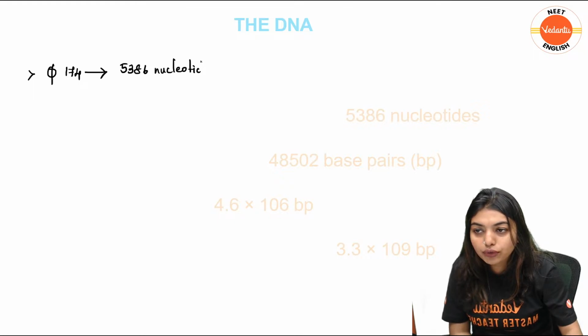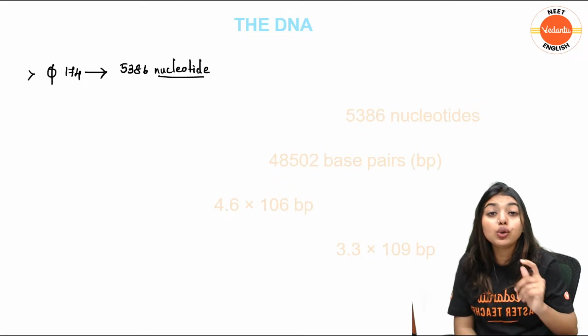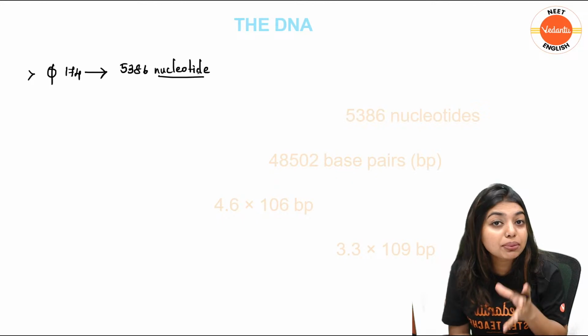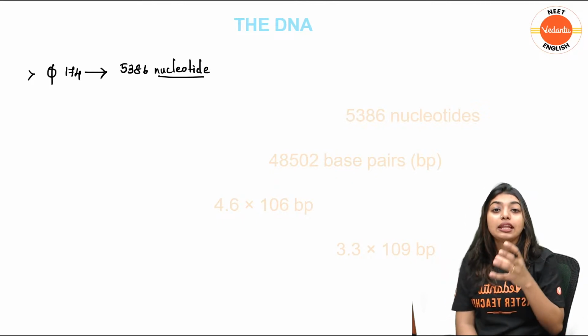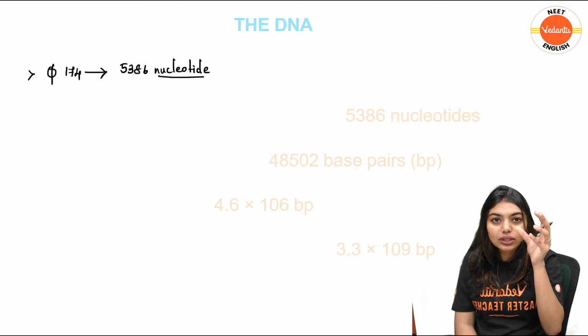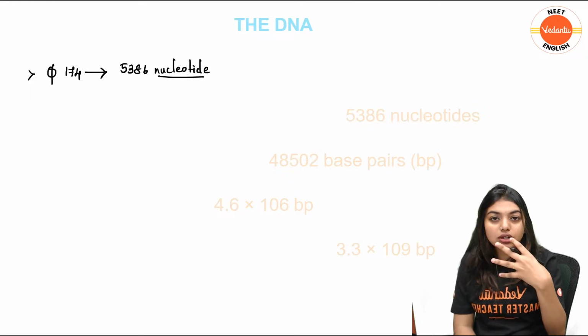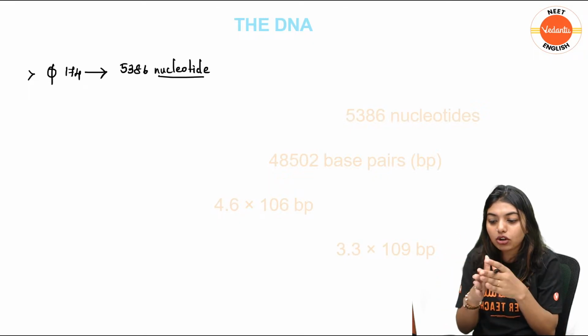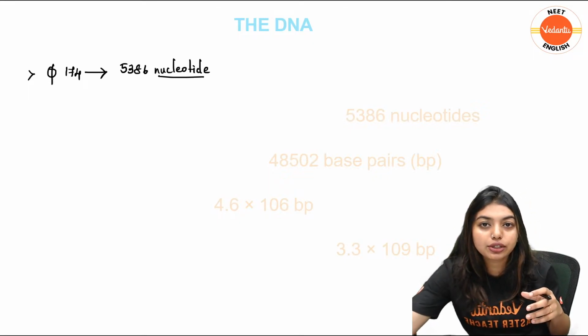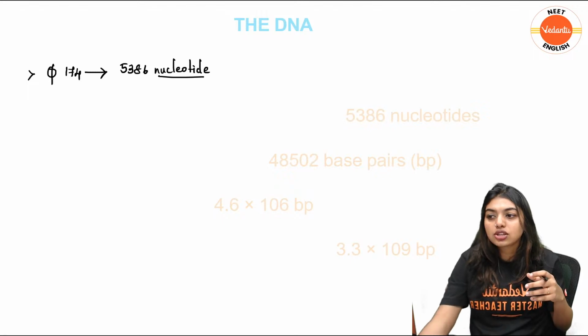I want all of you to focus here. It is mentioned nucleotides, not base pair. That means they are single-stranded. They are not talking about base pairs, not about adenine and guanine binding together. Is this clear?